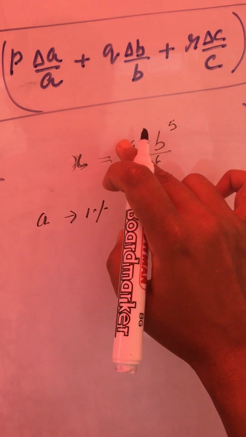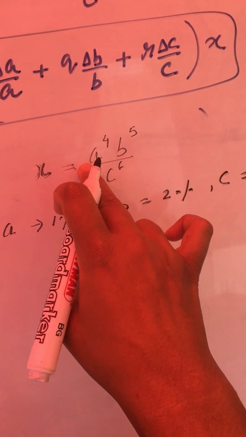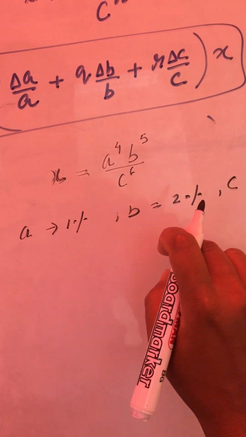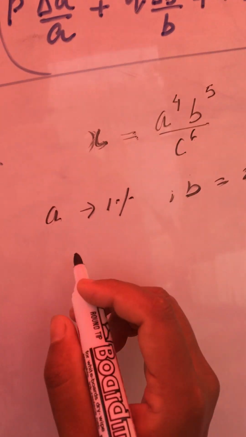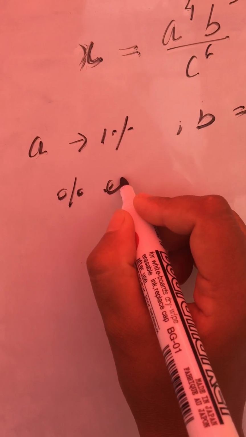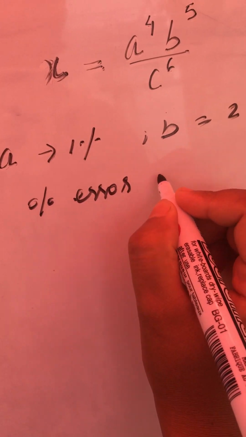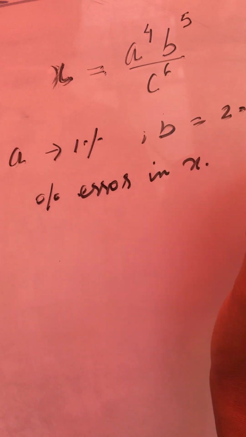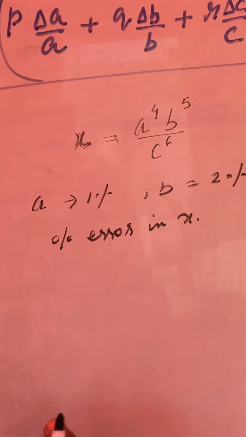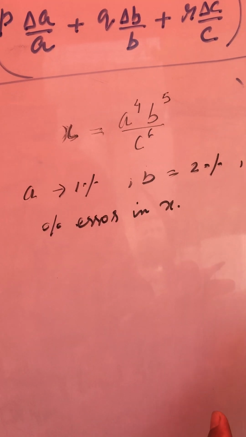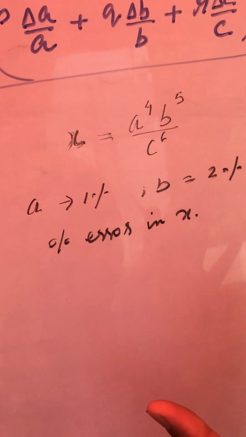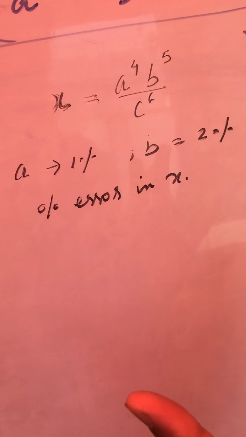It is given in terms of percentage: a 1%, b 2%. The question is the percentage error in x. x will also have an error, yes or no? A has error, b has error, c has error, so x should also have an error, right? There is no numerical value, it's talking only about the error.